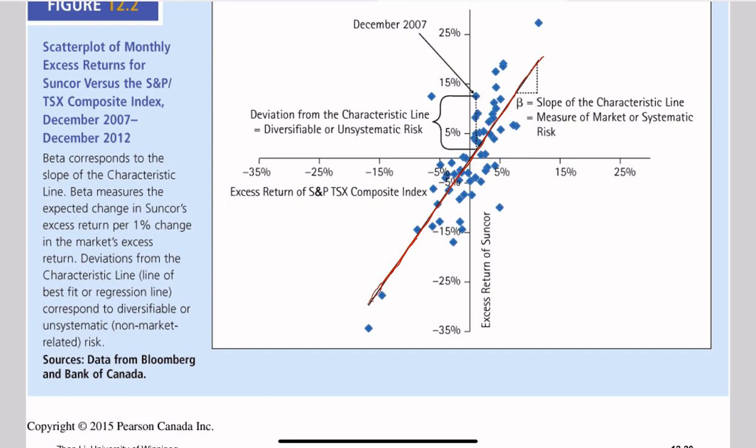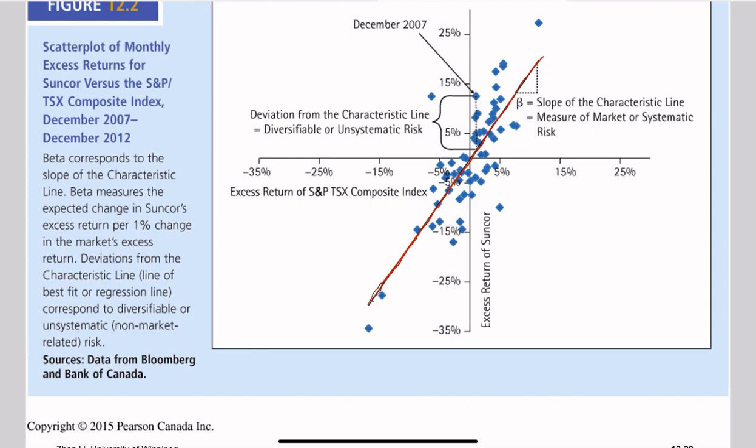It could have many names. In the finance world, it could be called the security characteristic line. In econometrics, it's the regression line or fitted line. And in machine learning, it could be called the decision boundary.